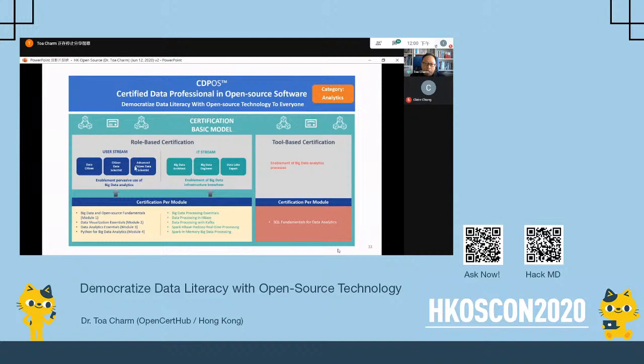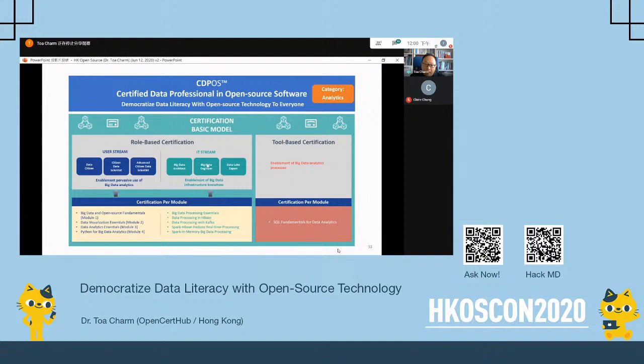We create 3 roles for the user stream under the analytics category, right? And then you take the training courses from our partners, and then you come to take our examinations, right? If you pass all these different modules, right? And then you will be qualified to get this role. And then you become a role-based, for example, data citizen, citizen data scientist, and advanced citizen data scientist.